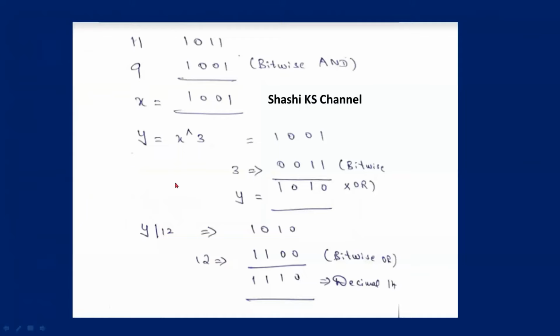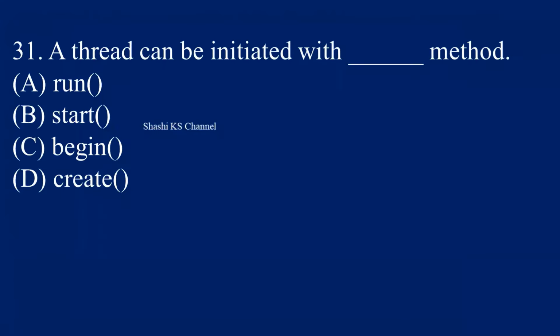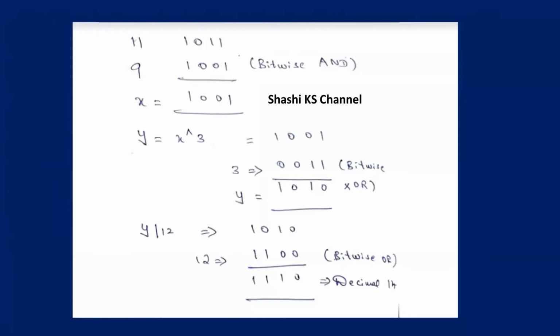So what happens here is, in the case of bitwise AND operation, 1 ANDed with 1 would be 1, 1 ANDed with 0 would be 0, 0 ANDed with 0 would be 0.